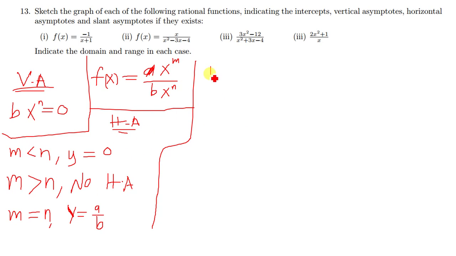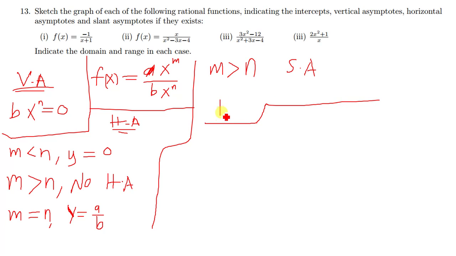In other words, when m is greater than n, that's when you can have the slant asymptote. And how do you find it? You divide the denominator into the numerator, and the quotient that you find is called the slant asymptote.